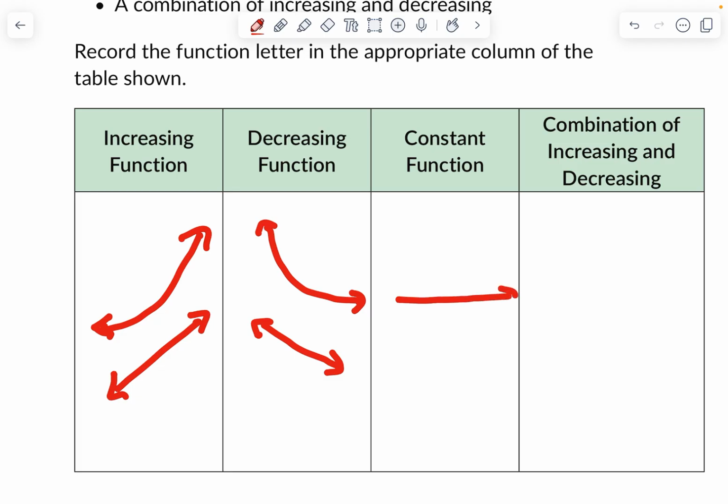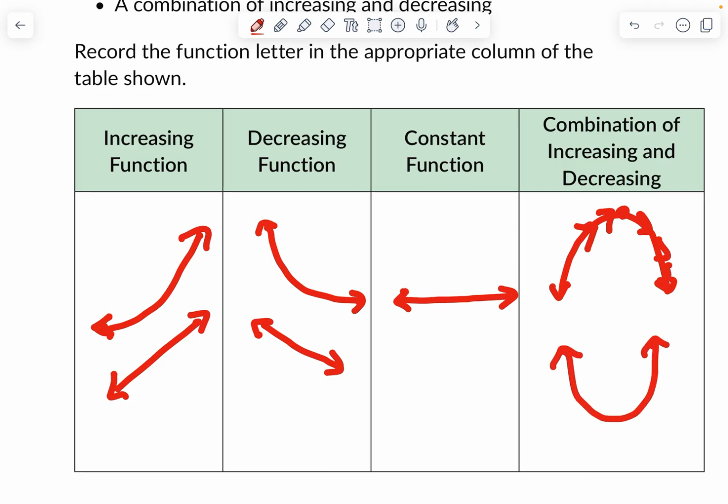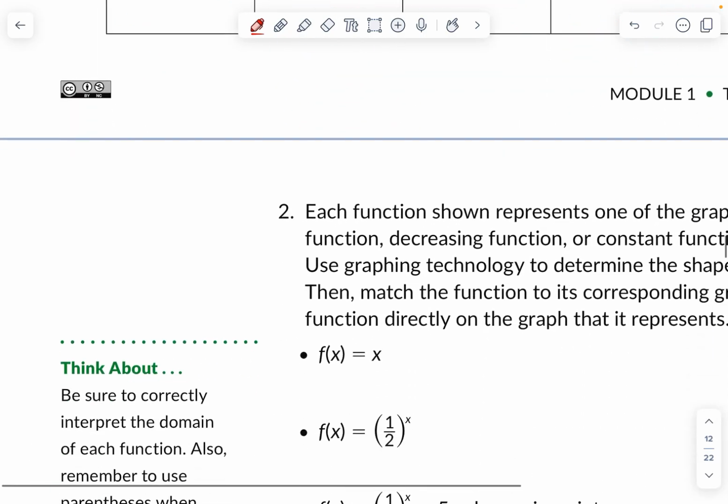Constant is flat. That's where your graph is neither going up or down. Combination is when you have a quadratic. This quadratic first goes up, it gets to a midpoint, and then it starts going down. Or it could be one that starts out going down and then turns around and goes up.